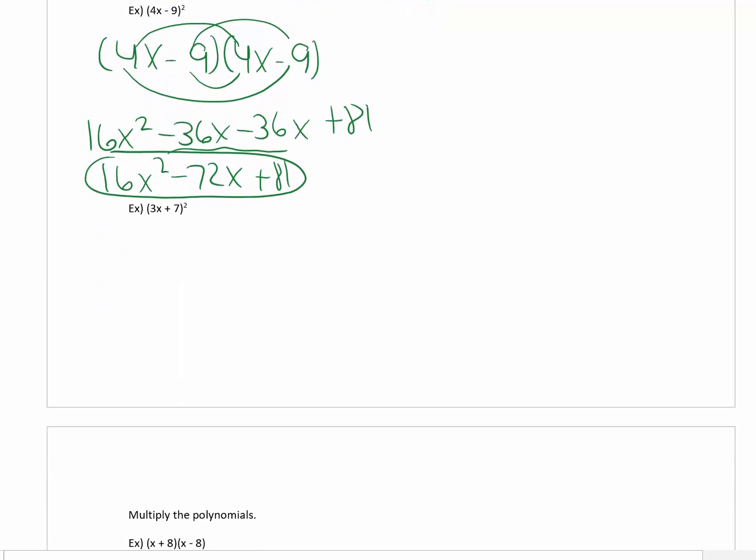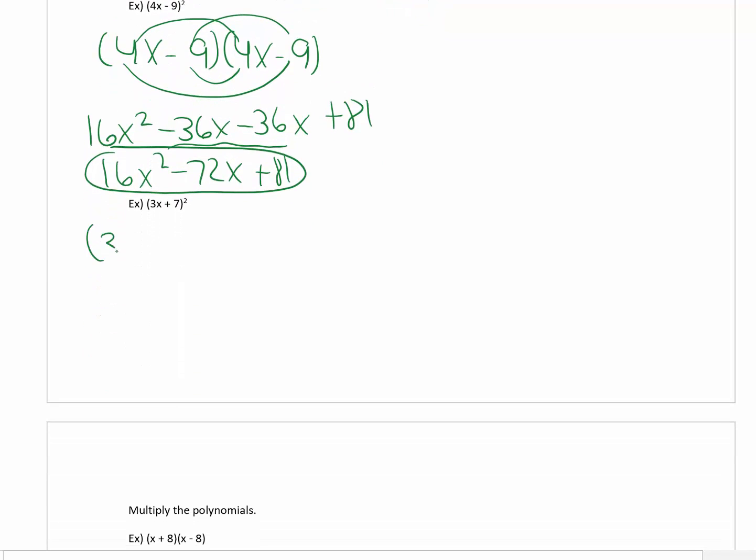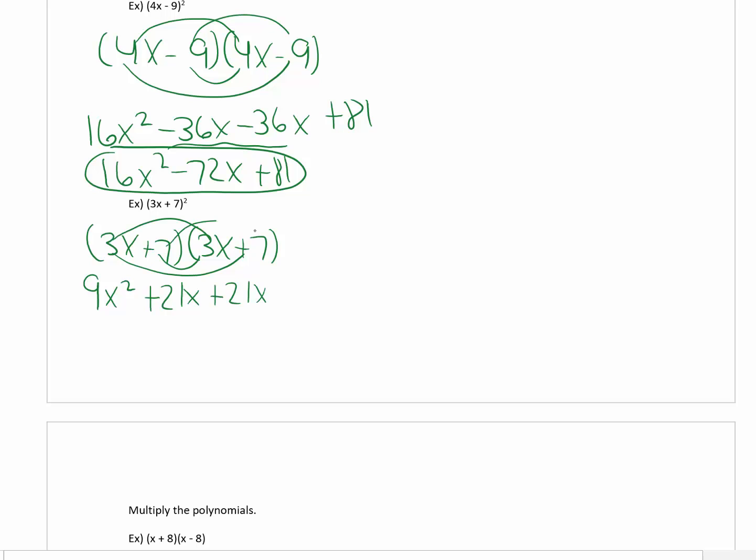Okay. So again, here I'm going to take 3x plus 7 and multiply by 3x plus 7. So again, I'll use the FOIL method. Combine like terms.